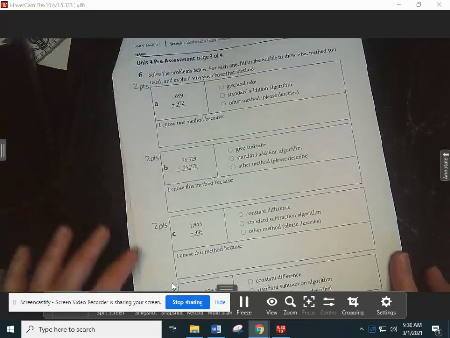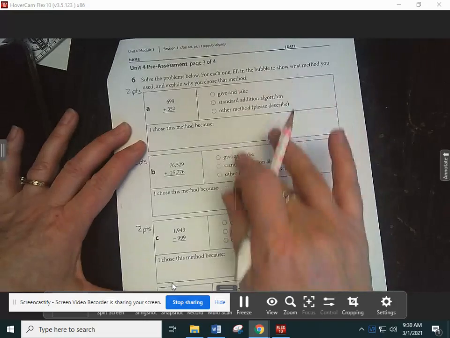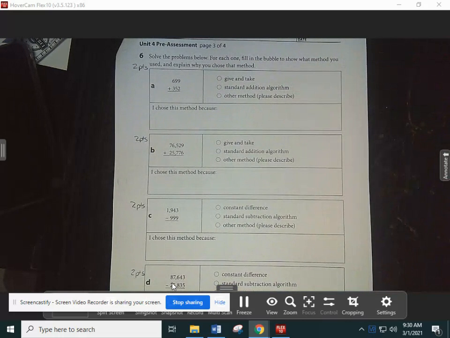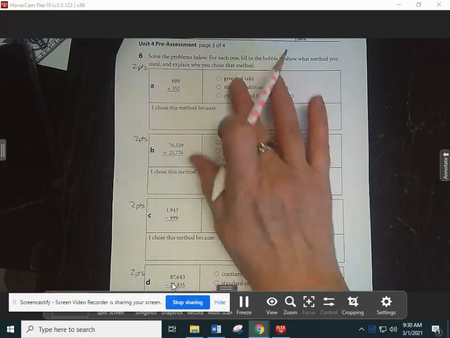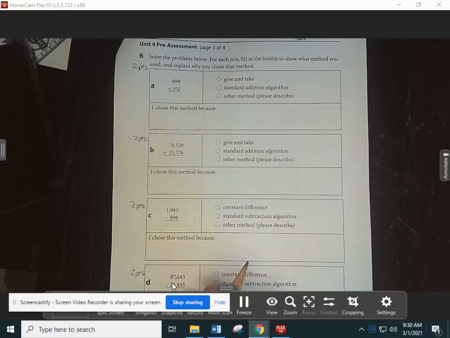Okay, looking at this, you don't have to worry about these things. I will tell you about them as we go through the unit, but I'm not going to ask you to remember what their names are. I want you to have an efficient way to add and subtract. Don't worry about all the fancy names. So don't worry about explaining. All you're going to do is work on finding the answer.